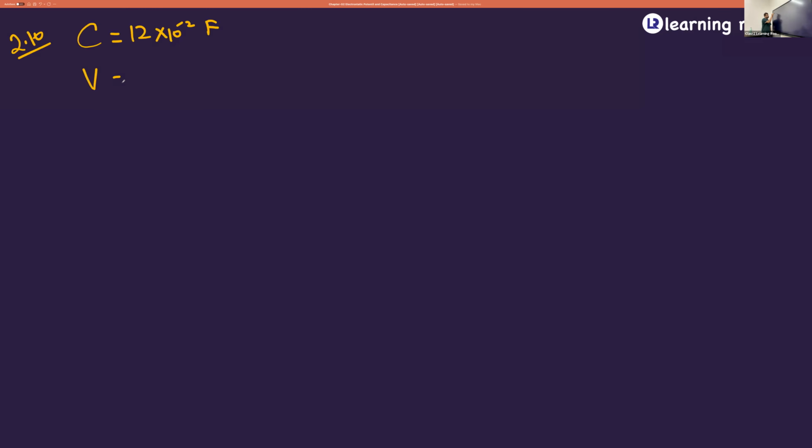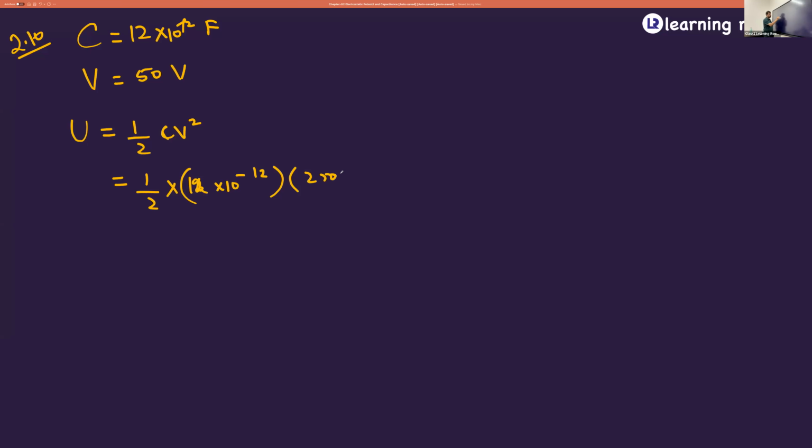Then what about the potential difference? 50 volt. So what is going to be the energy? Half CV square. So half into C is pico, right? 12 into 10 power minus 12 into V square, which is going to be 2500.